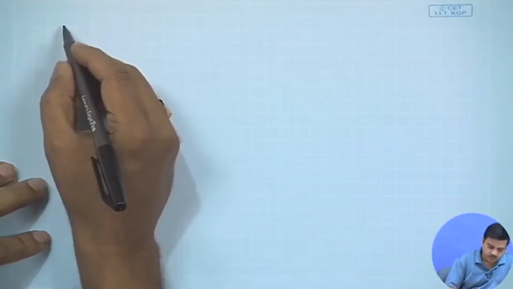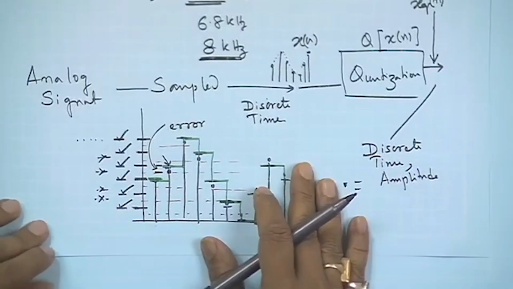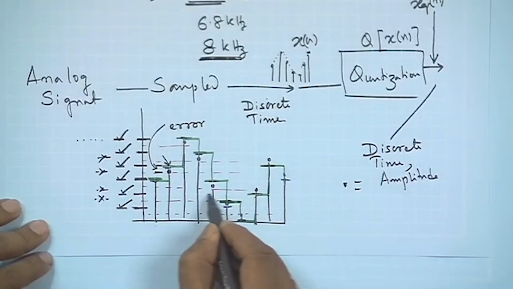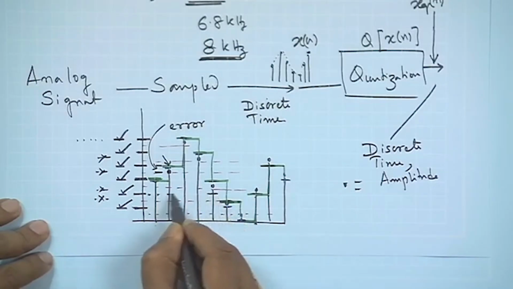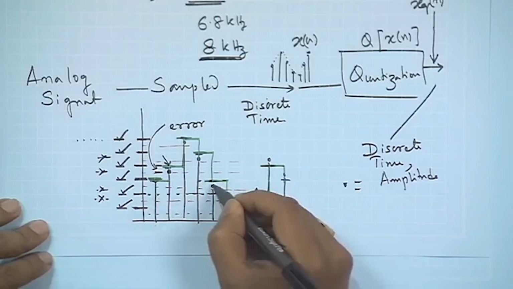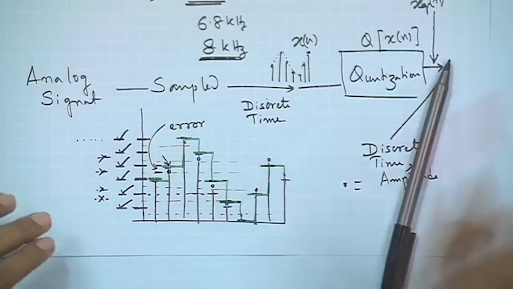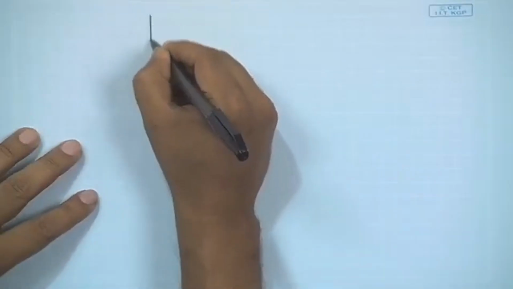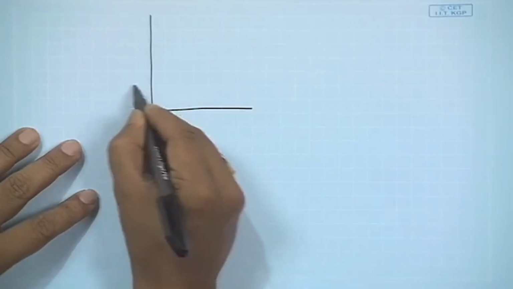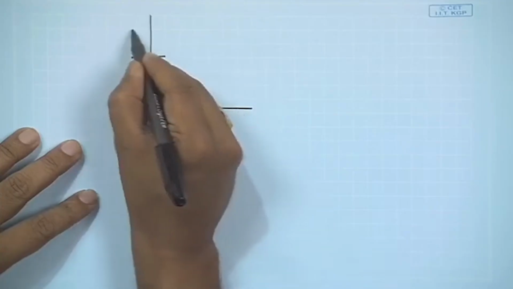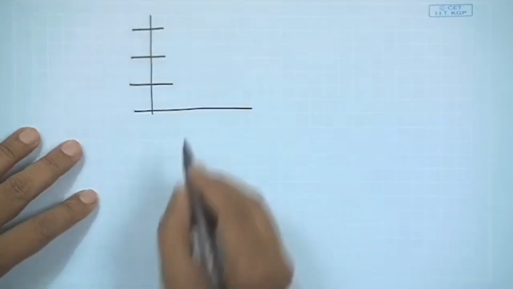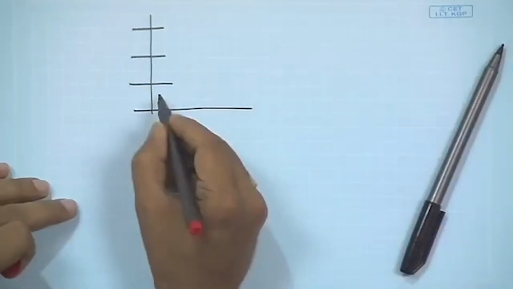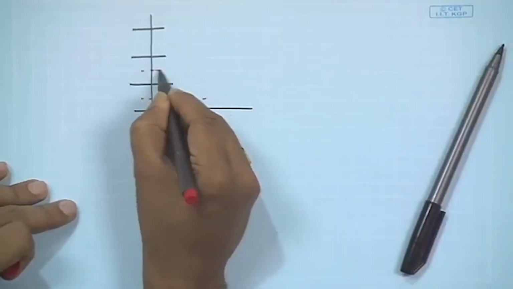So, armed with these things, we can proceed and calculate a few things. If we again see this particular picture, what we find is this error. If this is one of the levels and this is another level, as we said, we have a threshold at the midpoint. Let me draw this picture a little bit bigger. Let these be quantization levels and these be quantization thresholds.